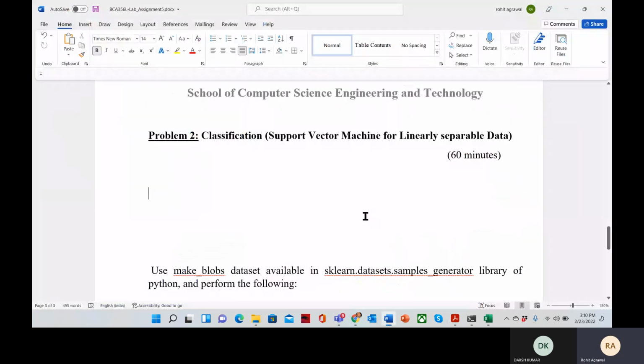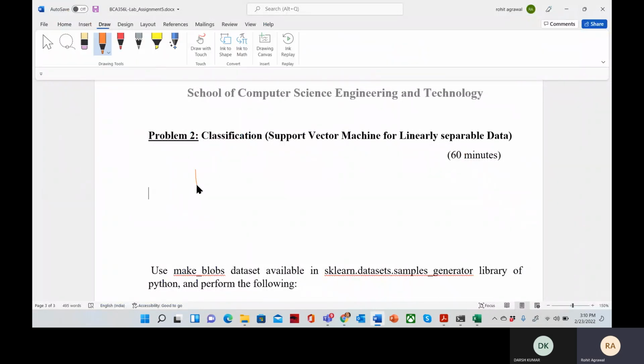ठीक है, see. Okay, so suppose now you are having your data. Suppose this is your data. What is the purpose of support vector machine? We are using it here just for linearly separable data.